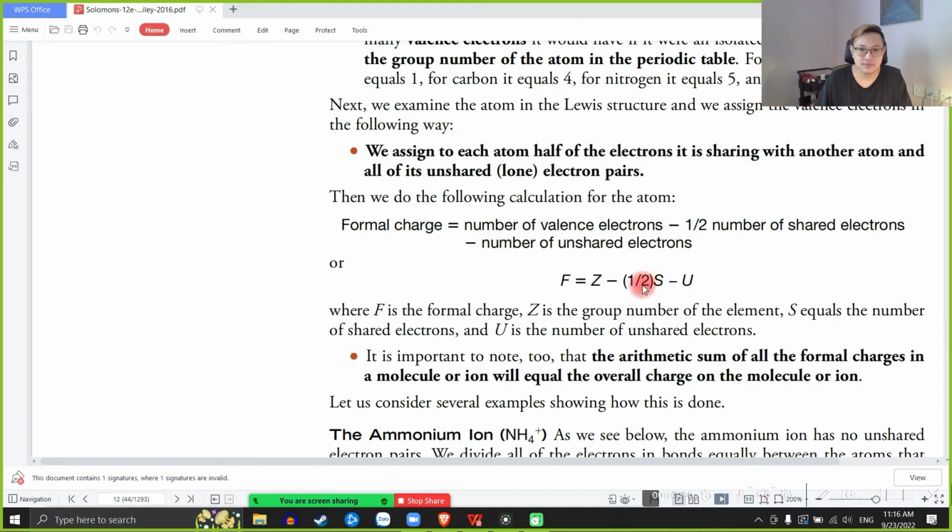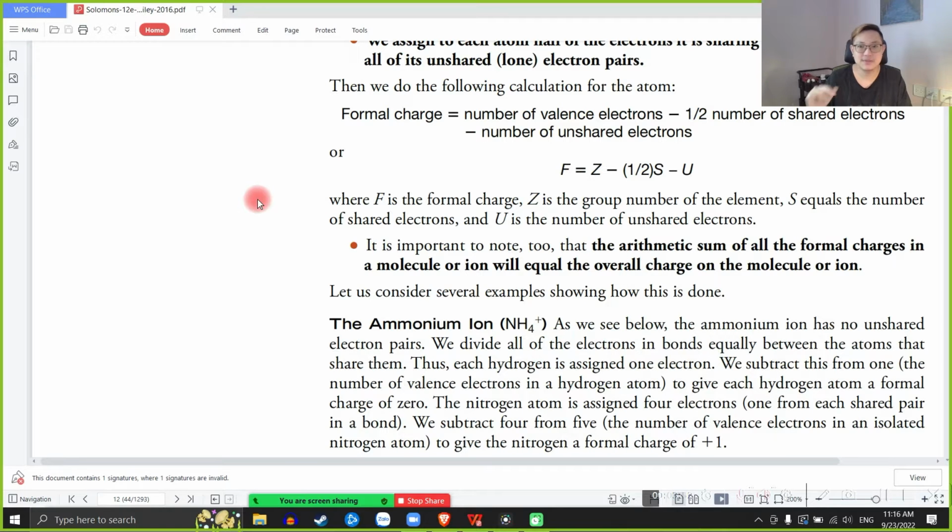Continue, please. Where F is the formal charge, Z is the group number of the element, S equals the number of shared electrons, and U is the number of unshared electrons.